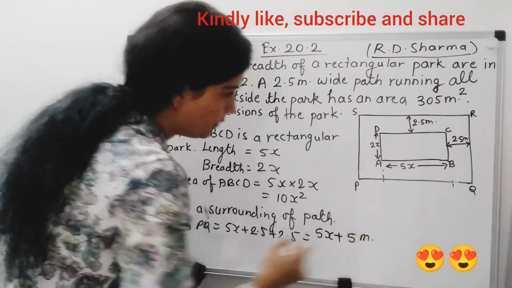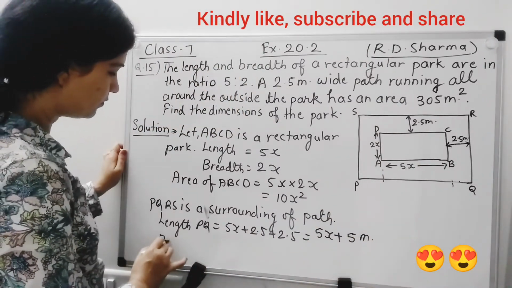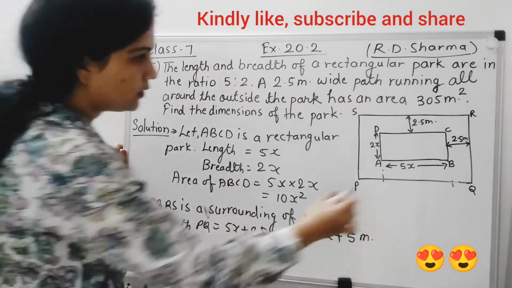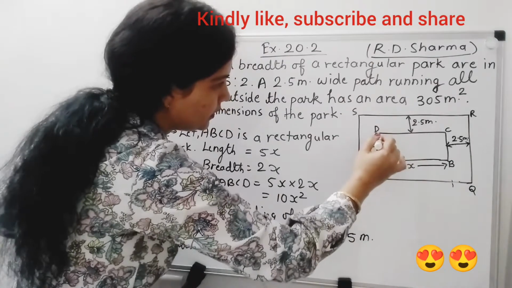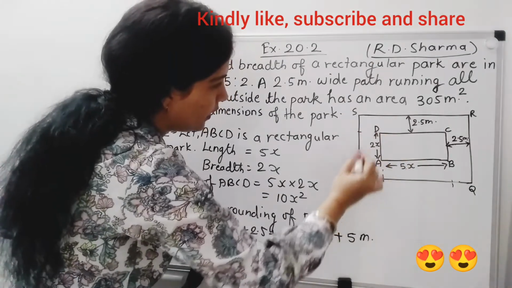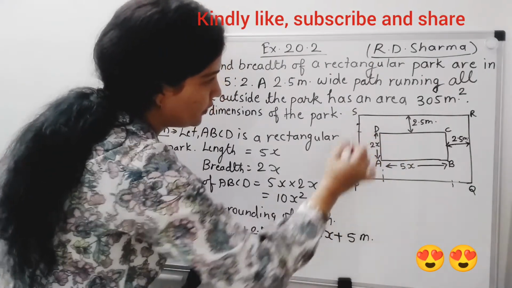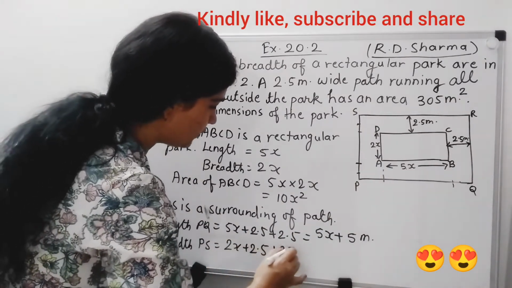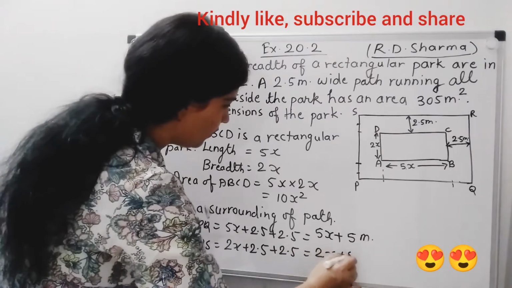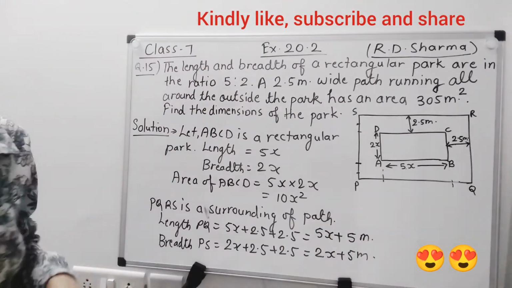So it will be 5x plus 5 meter. Now the breadth, suppose we take PS. PS is again 2x, and here and here it will be 2.5 because this is the width of the path. So 2x plus 2.5 plus 2.5, again it will be 2x plus 5 meter. Now we will find out the area.